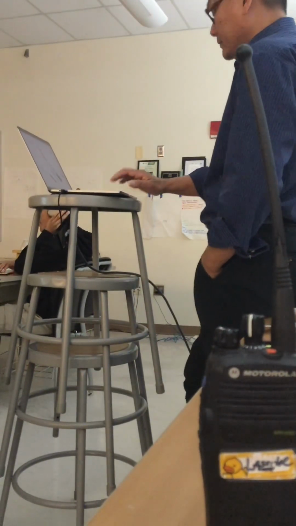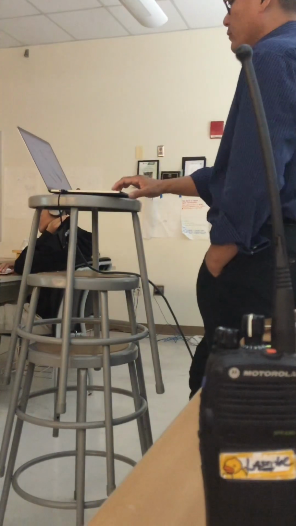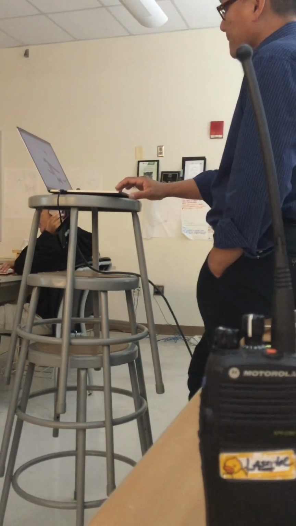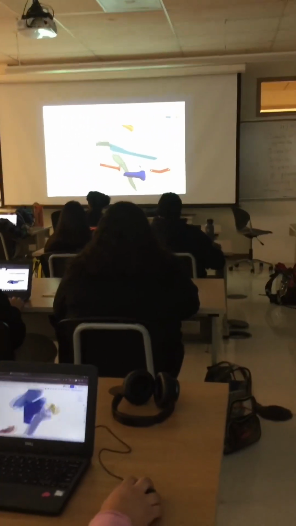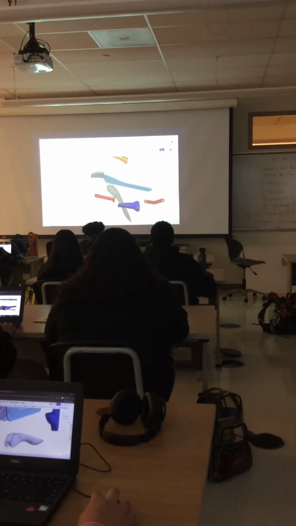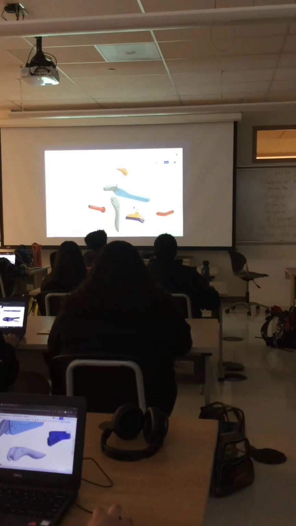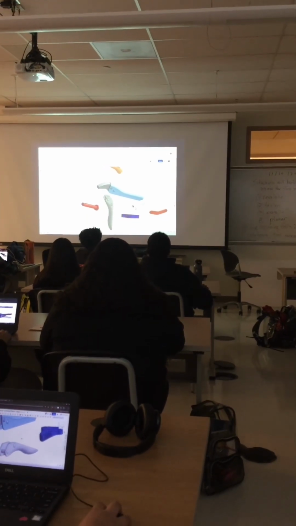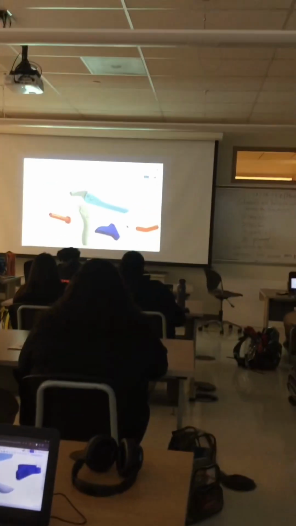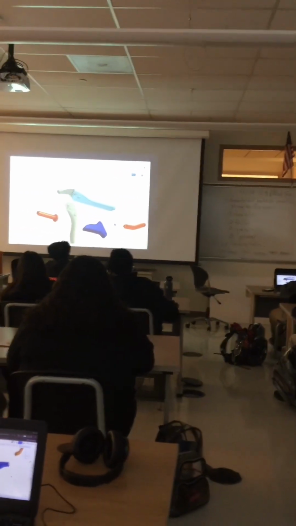Okay, question. Do I have to manipulate this lower jaw? Yes or no? Do I have to use the triad manipulator and say, okay, do that? No, I don't need to. Look, I can actually, as long as I know where the mate connectors are, right?